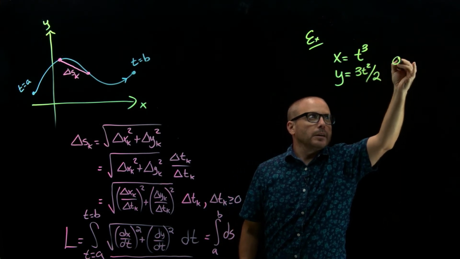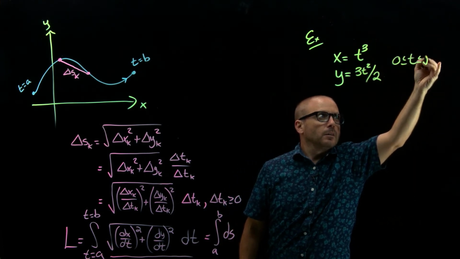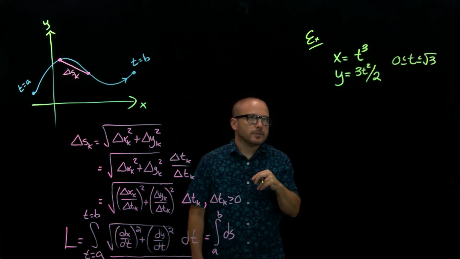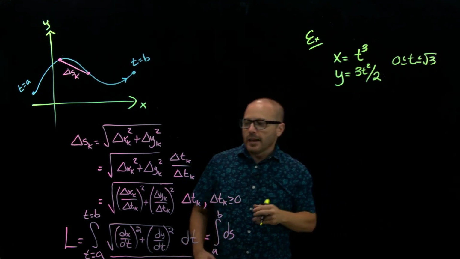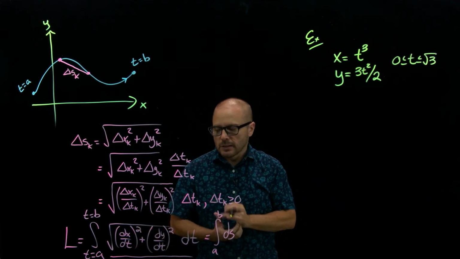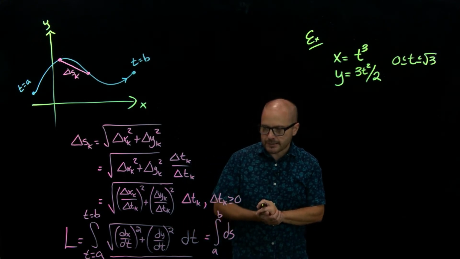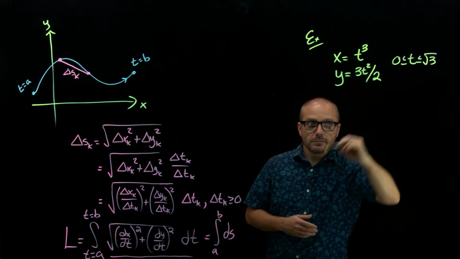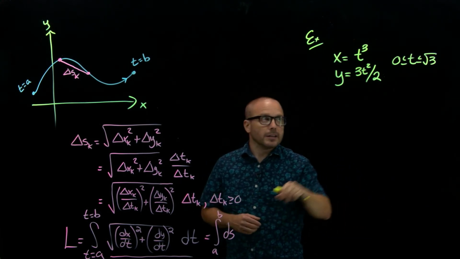And we're going to go from t equals 0 to root 3. So there's our curve. We need the length. And a little bit of detail. Obviously, these derivatives have to be defined over that whole thing, and they are here. And we need to be going in increasing time.